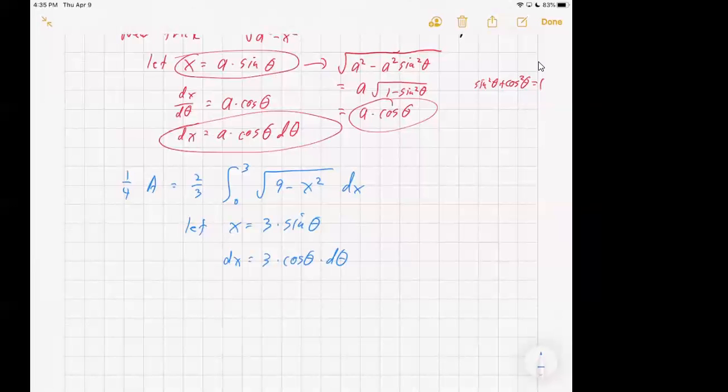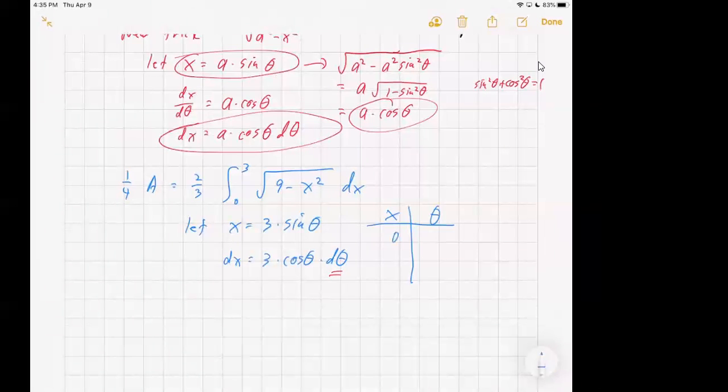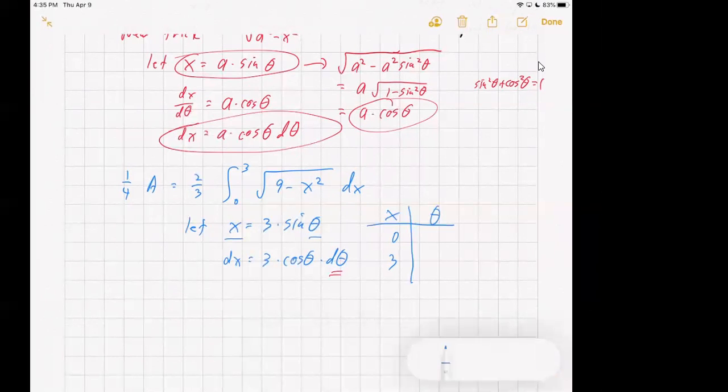Now we have limits on this problem. I need to change the limits to limits for theta, because we're going to be changing this. There will no longer be a dx after the substitution. There will be a d theta. So the limits for x had been 0 and 3. Let's look back up at the equation and determine what values of theta will give us the corresponding values of x.